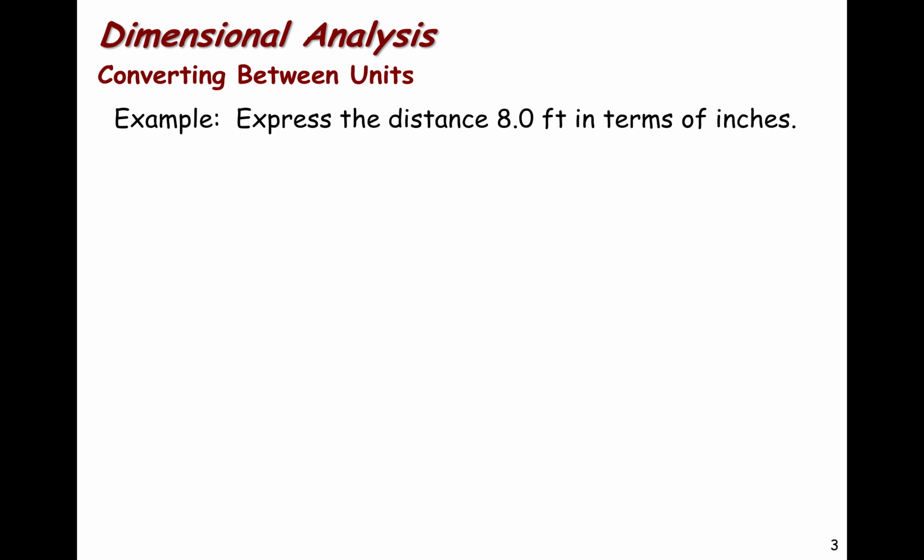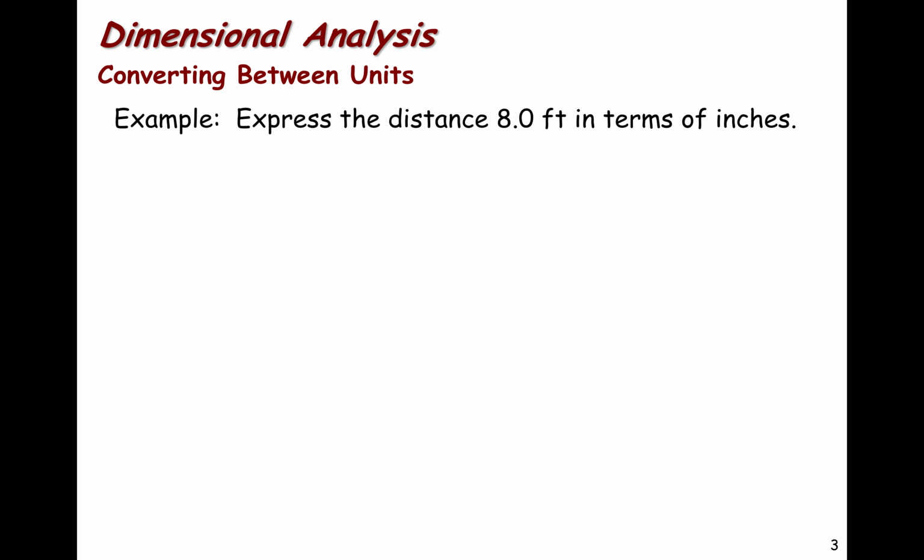As another example of converting between units, we have a question that asks us to express 8 feet in terms of inches. Well, you probably know the answer already, but in this case, the given is the 8 feet, and we want to do this in terms of dimensional analysis.